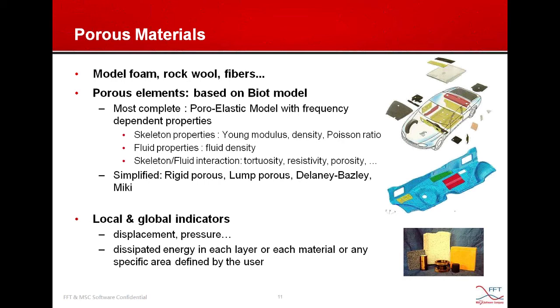And as in acoustic and structure elements, in porous elements a very useful indicator is again the dissipation energy, both in the skeleton and the fluid in the porous medium. Based on the energy dissipation, we can perform a detailed analysis of the dissipation mechanisms in the porous material.